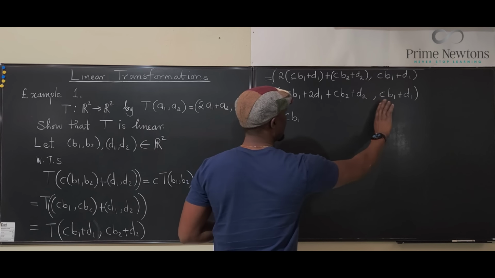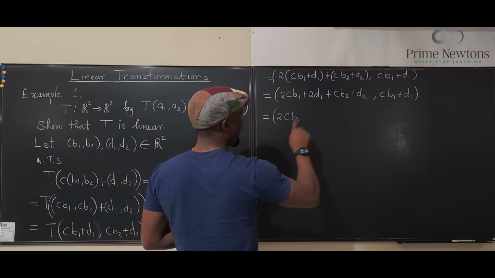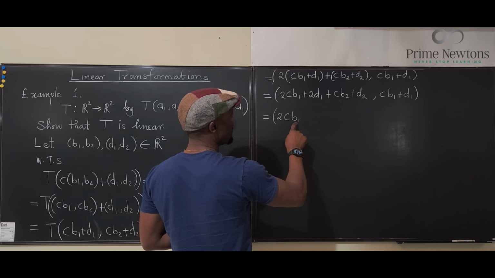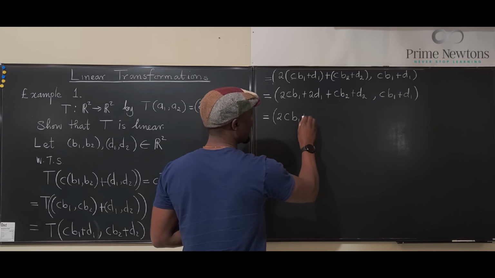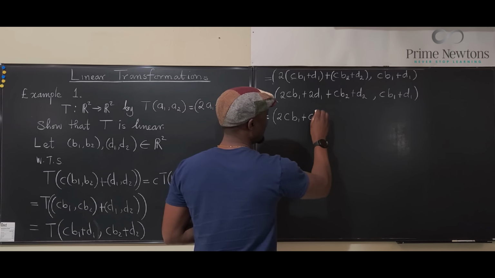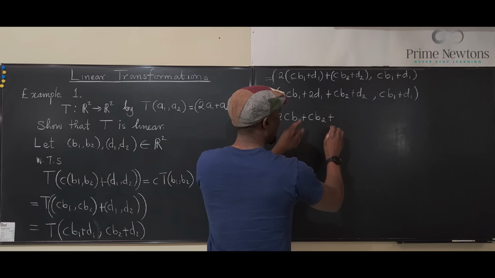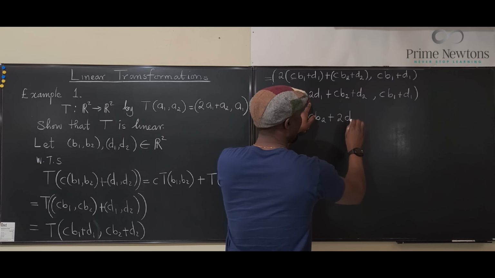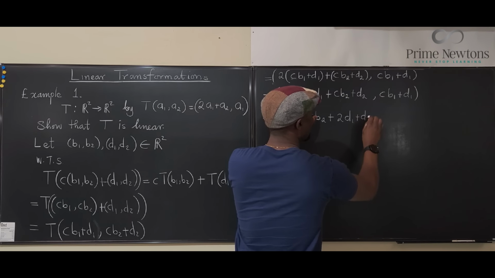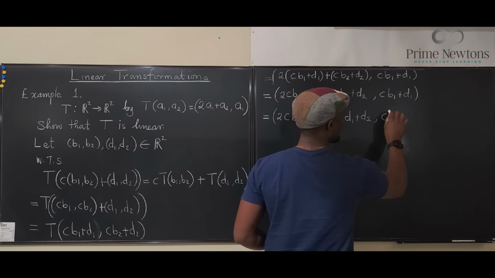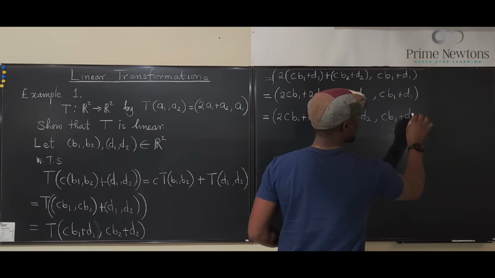So this is separate. So what do I do here? I do 2CB1 plus CB2 plus 2D1 plus D2, comma, CB1 plus D1.